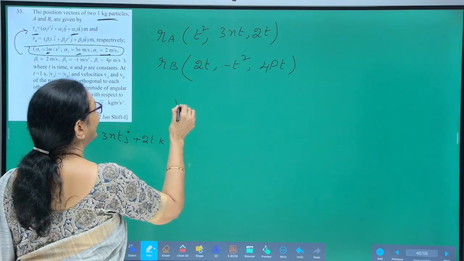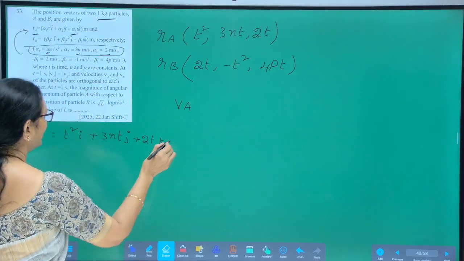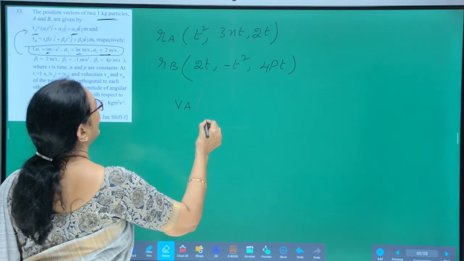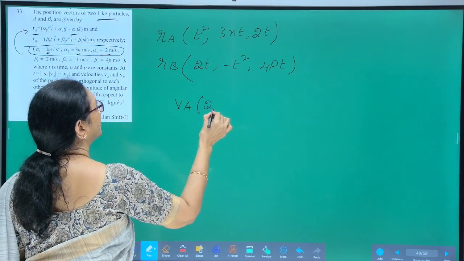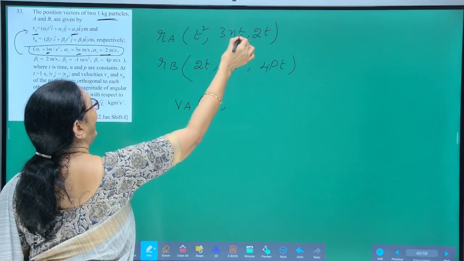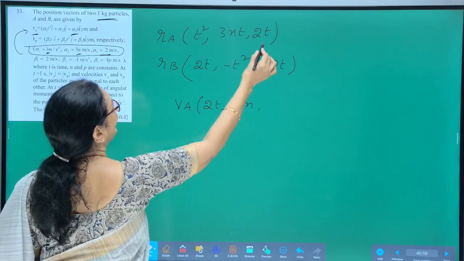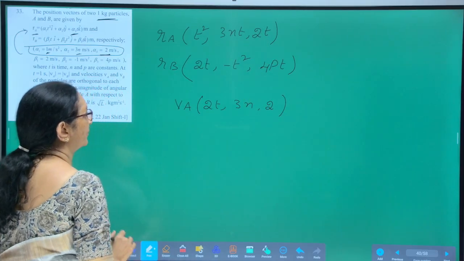How do we get velocities? We get velocities by differentiating this with respect to time. So, velocity coordinates become: t square derivative is 2t, 3nt derivative is 3n, 2t derivative is just 2.